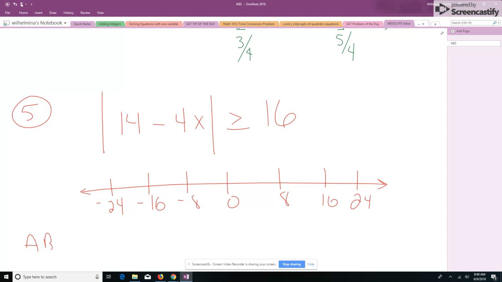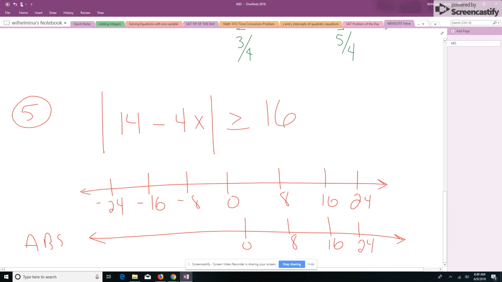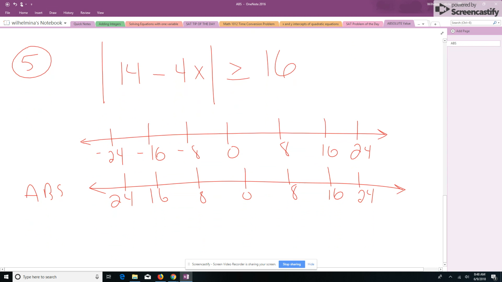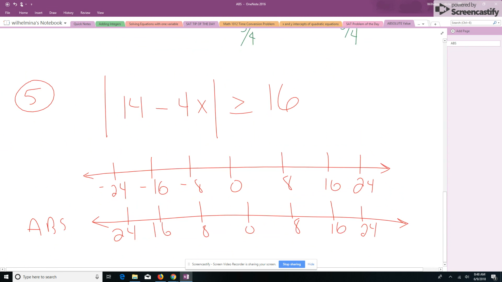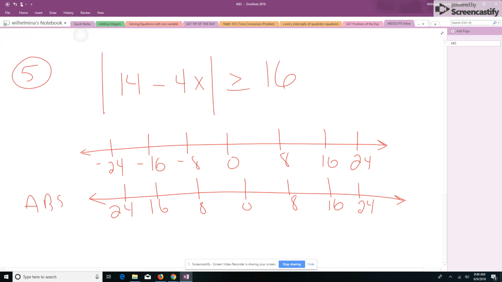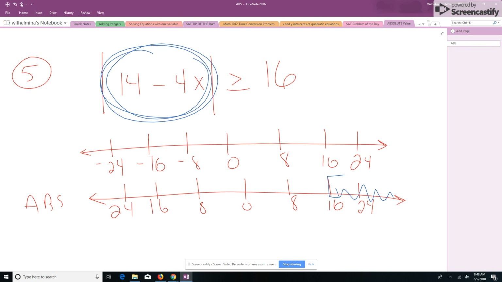And looking at the absolute values of these numbers on this number line, and this is where you have to think about what I'm saying. So we want this to be numbers that are greater than 16. Well, numbers greater than 16 over here and over here. Now, where is that on the real number line? That means numbers greater than 16, which makes sense.